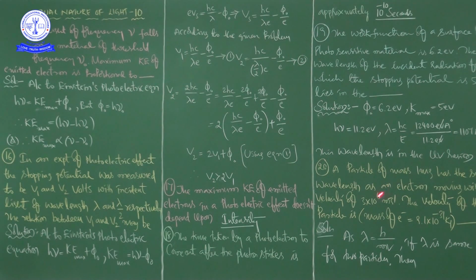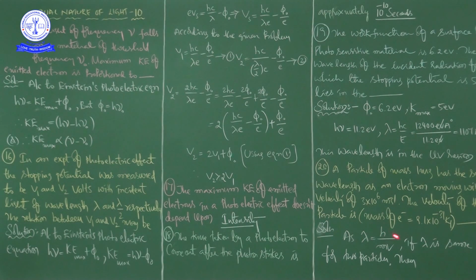A particle of mass 1 milligram has the same wavelength as an electron moving with a velocity of 3 into 10 to the power of 6 meter per second. The velocity of the particle is? So this formula is the de Broglie wavelength: lambda is equal to h by p or h by mv.